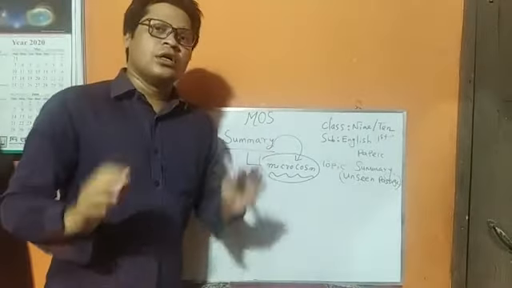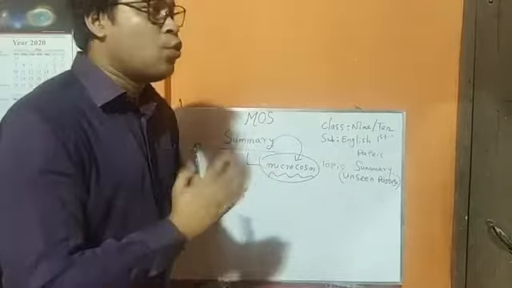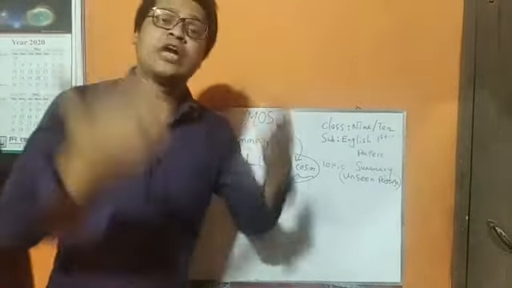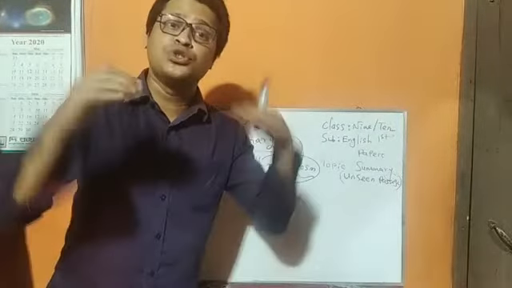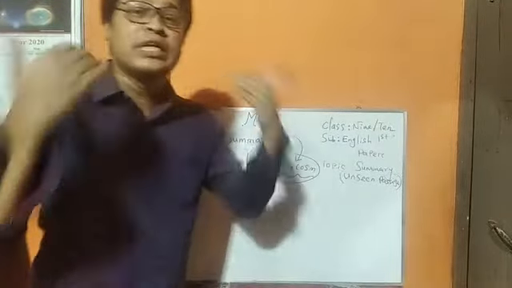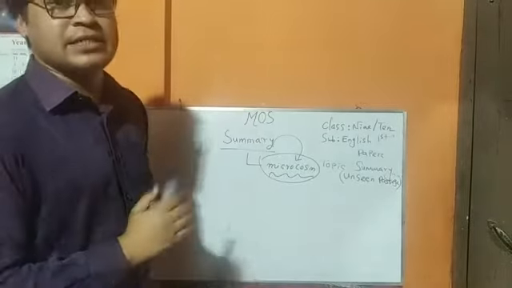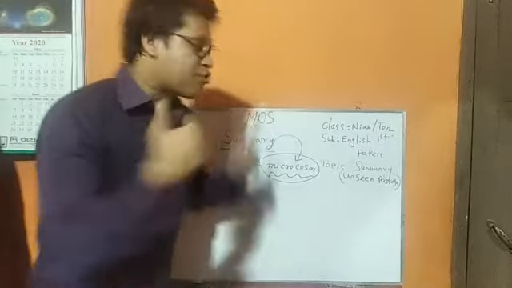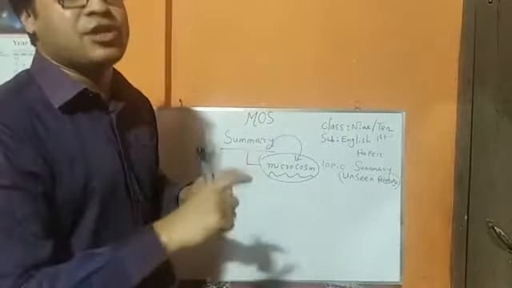But you should know what are the elements of summary, and what we should avoid, and what we should do, and what we should take from the passage. And just to inform you, I am writing here a chart.